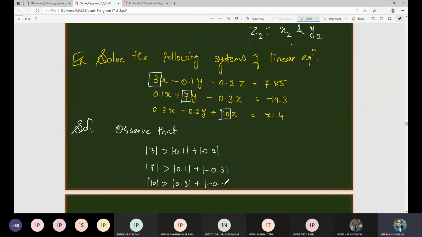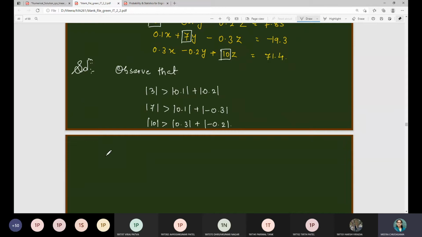Actually it will not be affected, since we are considering the magnitude, right? Therefore I can write that the Gauss-Seidel method is applicable.